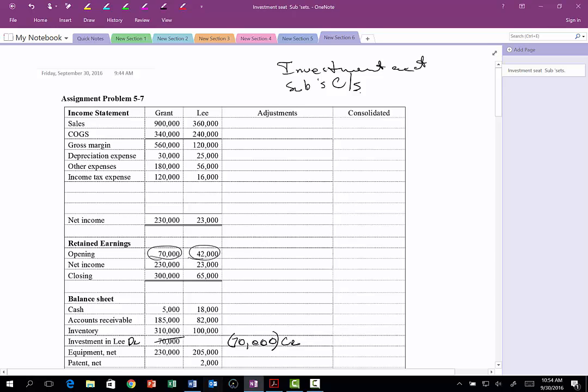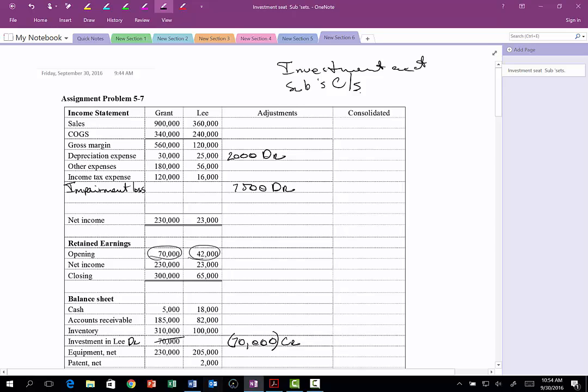So first thing I see under step 2 is we need a $2,000 debit to the income statement for the patent depreciation. So depreciation expense looks like a good place to do that, so I'm going to debit it for $2,000. Then goodwill had a $7,500 impairment loss. Normally we disclose that separately, so I'm going to put the impairment loss there with a $7,500 debit.